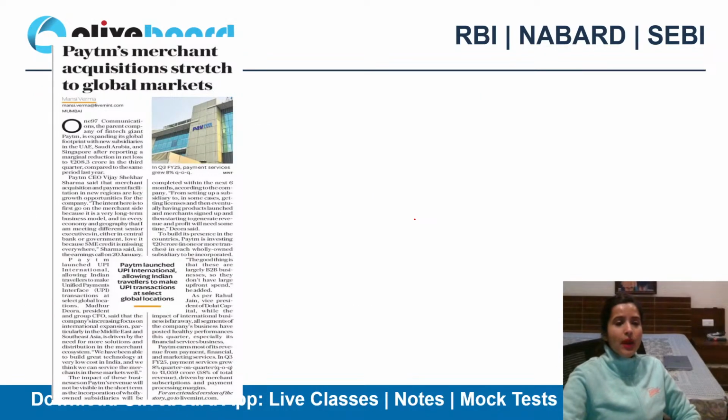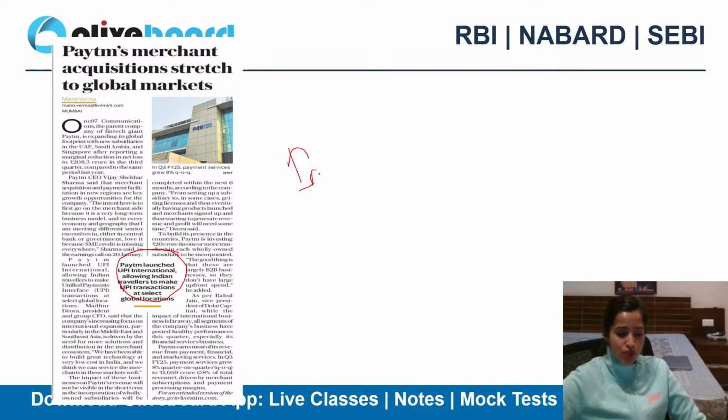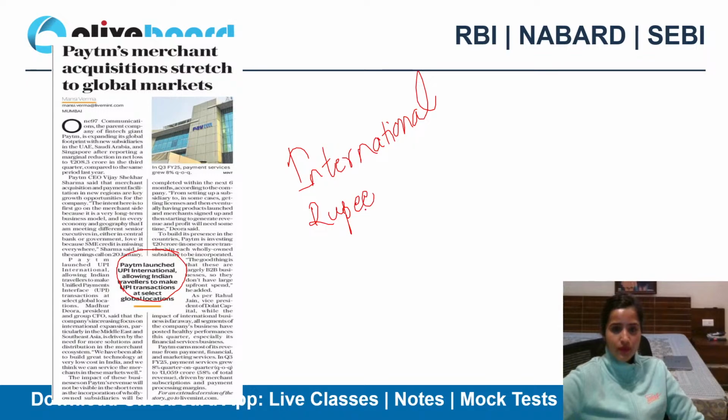Alright. Paytm's merchant acquisitions stretch to global markets. So here what are we talking about? That Paytm has launched UPI International, allowing Indian travelers to make UPI transactions at select global locations. So now we know that the concept of internationalization of rupee is, people are talking about internationalization of rupee.